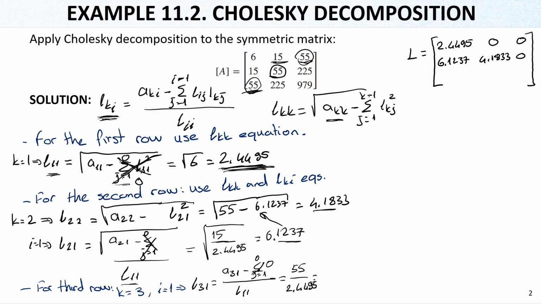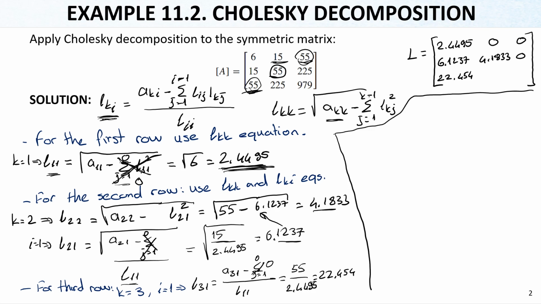Then the result here is 22.454. So this becomes L31, and we can write it here as 22.454.